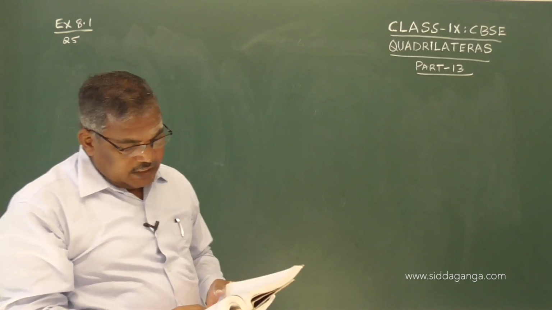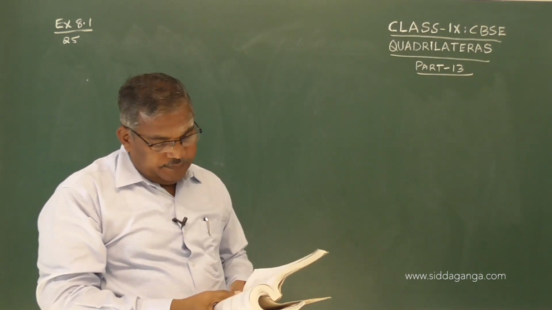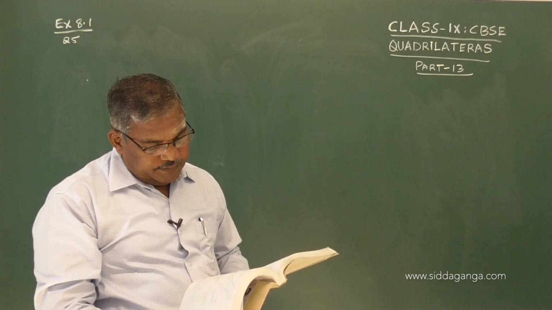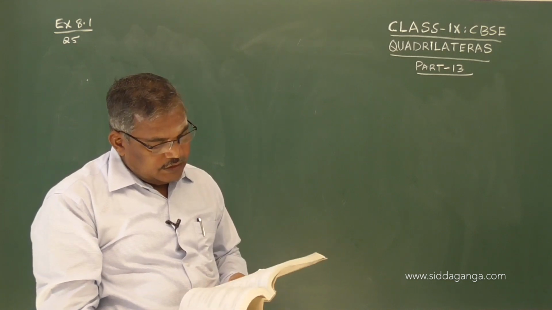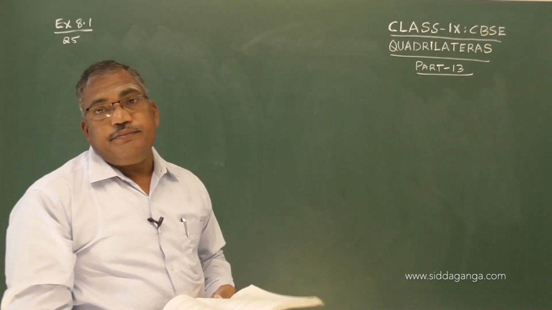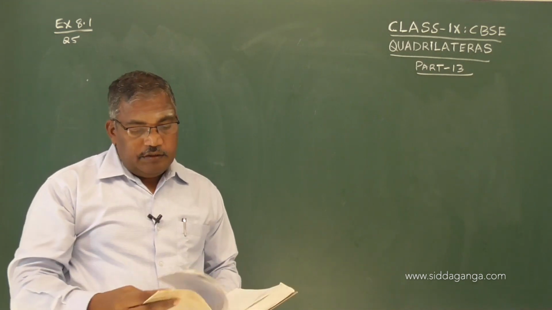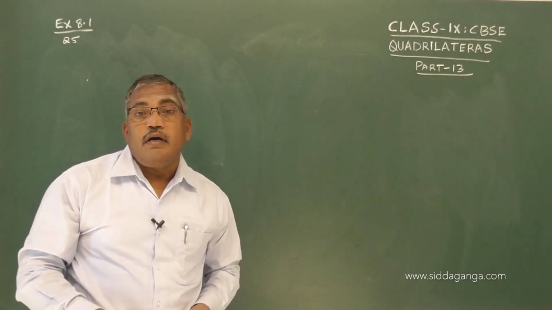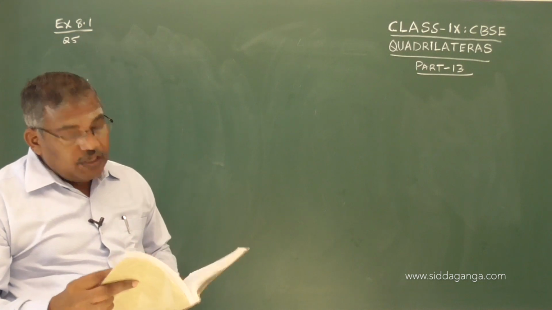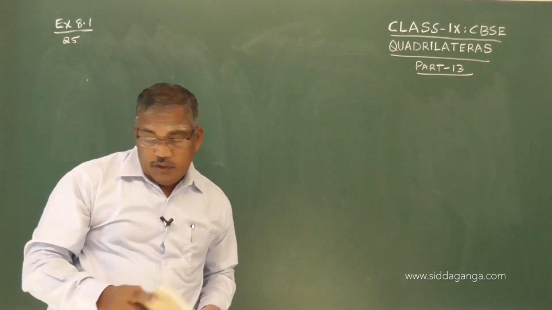Show that if the diagonals of a quadrilateral are equal and bisect each other at right angles, then it is a square. It is just the converse of question number 4.